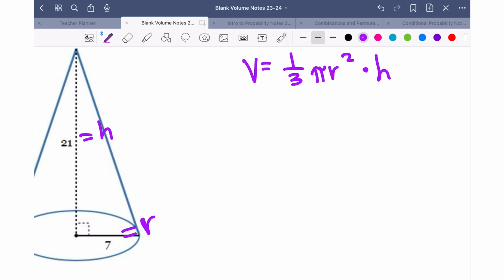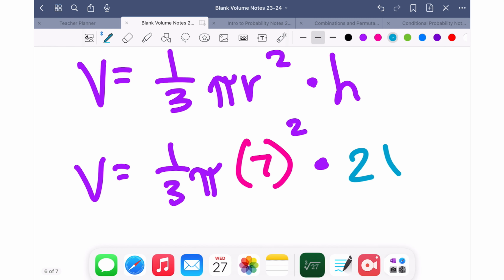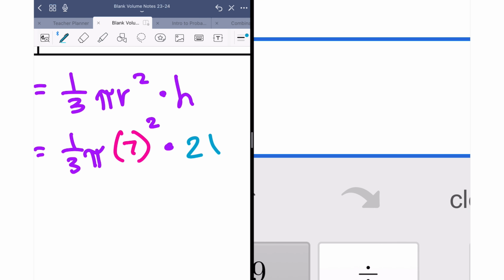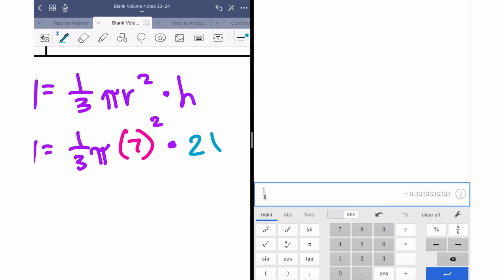So the formula is 1/3 pi r squared times the height. Okay. And very straightforward. What's the radius? 7 squared times the height, which is 21. Okay. There you go. Go to Desmos. Type it in. 1/3 times pi times 7 squared times 21.